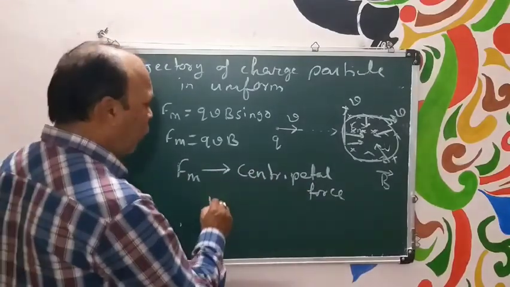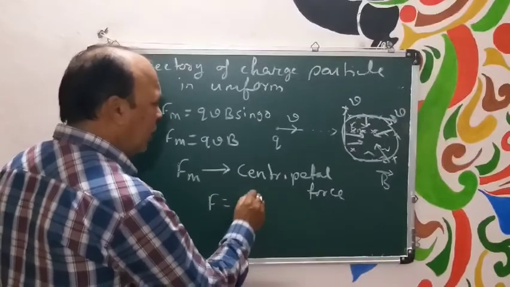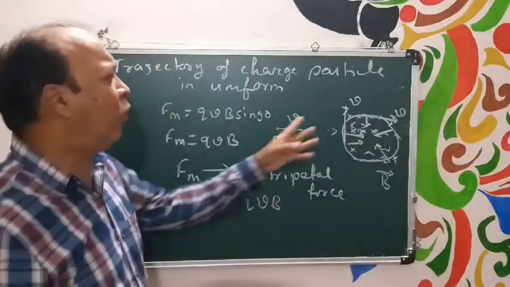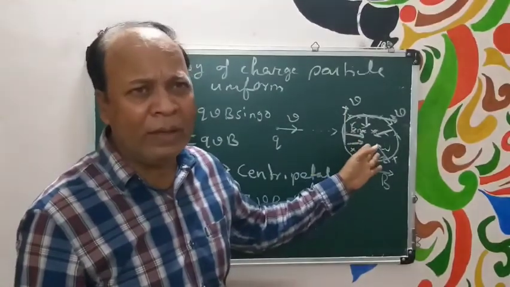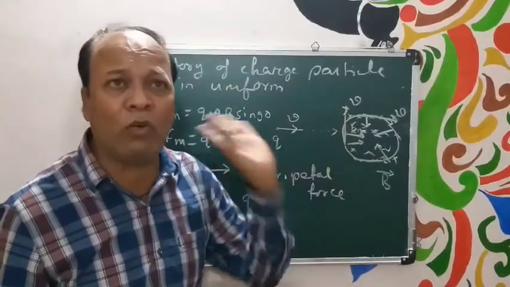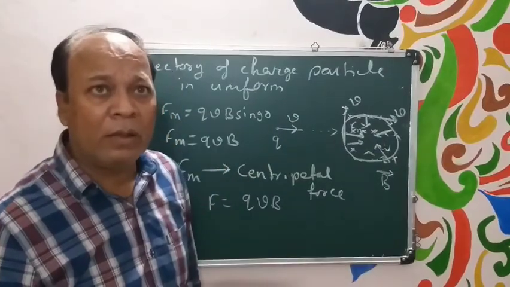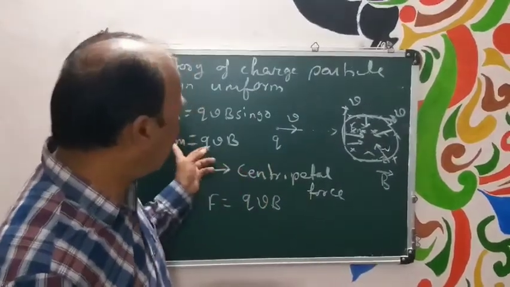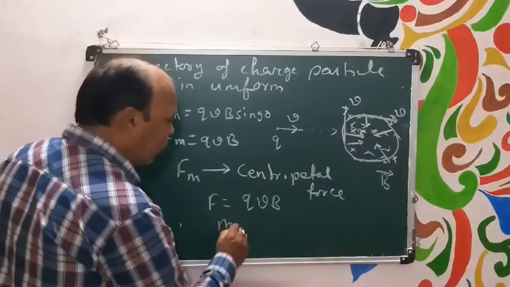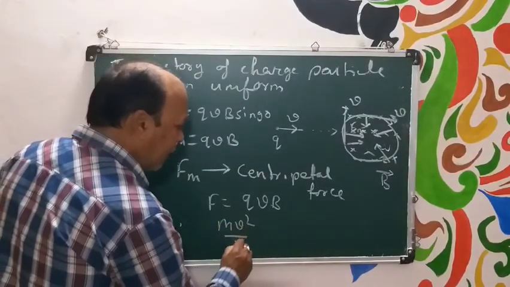So centripetal force F should be equal to how much? It should be equal to QVB. And as force is acting in normal direction of V, so obviously direction of V will change, but its magnitude will remain constant. Suppose mass of this charged particle is m. So obviously centripetal force should be equal to how much? mv square upon r.